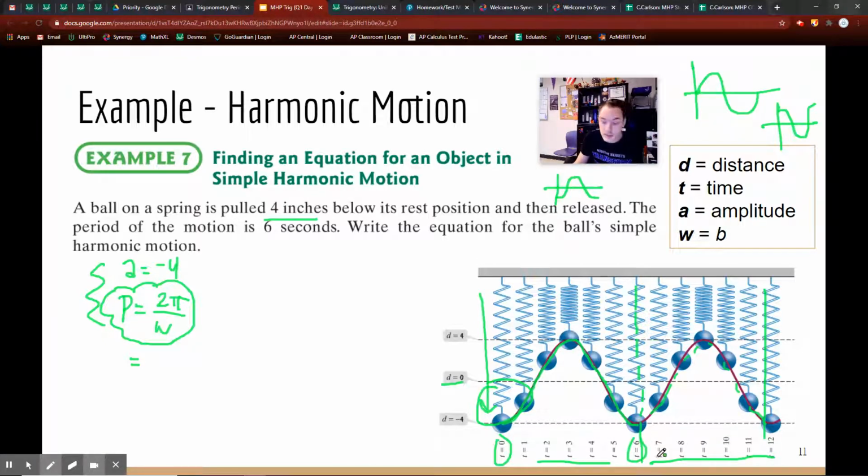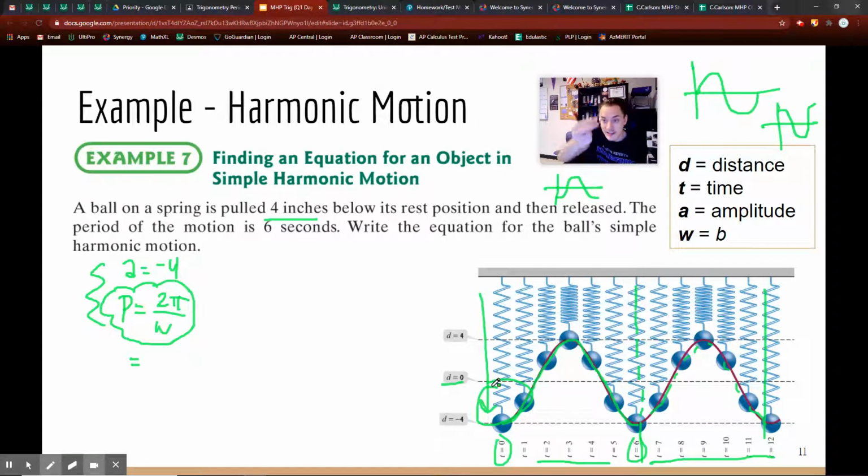So t equals 6. Now, some of you may be thinking, well, if you wanted to count it like that, isn't it 7? Because 1, 2, 3, 4, 5, 6, 7. Technically not, because you're not going to release this until after t sub 0. So technically, it is really confusing. You pull it down at t sub 0 and you let go, and then it's bouncing back and forth.